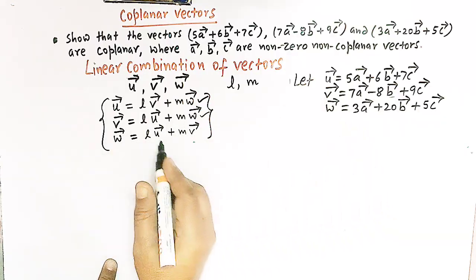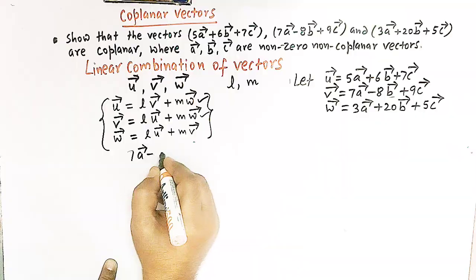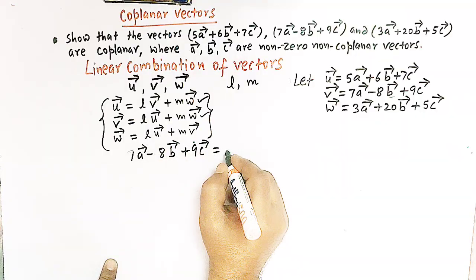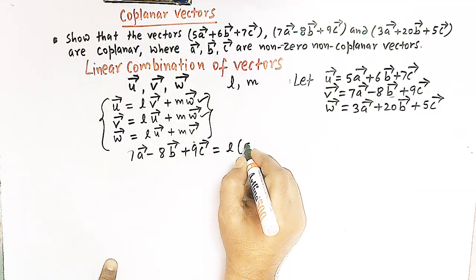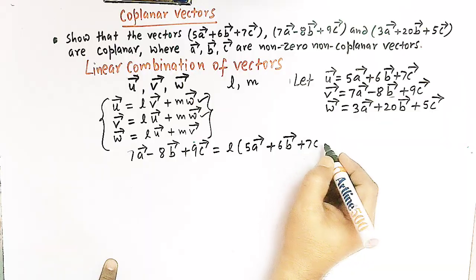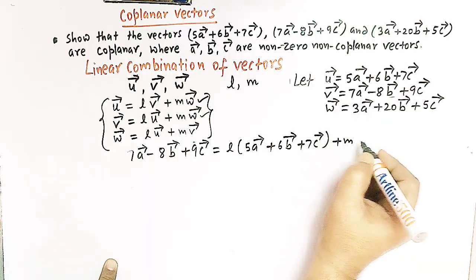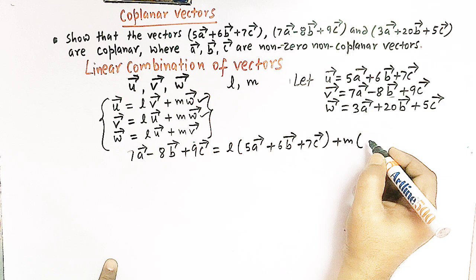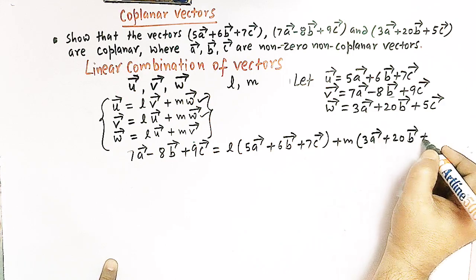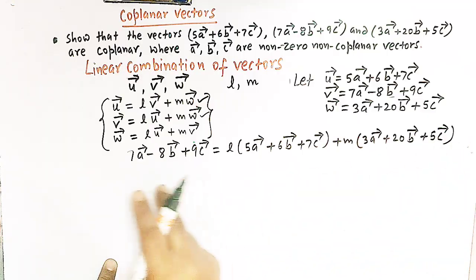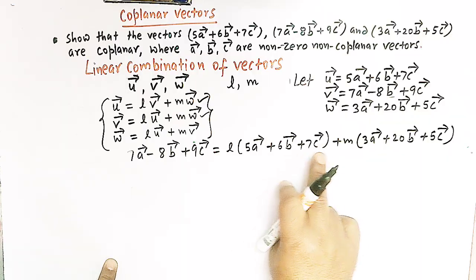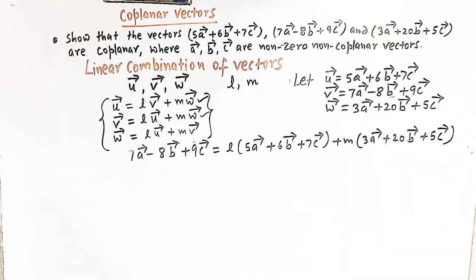So here v is 7a minus 8b plus 9c, and then we have L times vector u, which is 5a plus 6b plus 7c, and here we have M times vector w, that is 3a plus 20b plus 5c. So now let us again collect the coefficients of vector a, vector b and vector c on the right hand side.